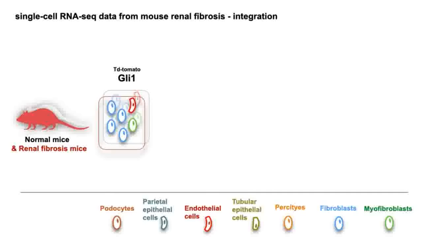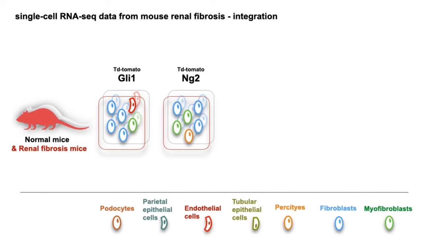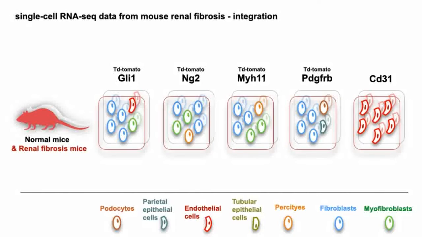So I integrated 2 conditions from the tdTomato GLI1, NG2, MYH11, PDGFRB, and CD31 separately. So I had the 5 different integrated data sets.